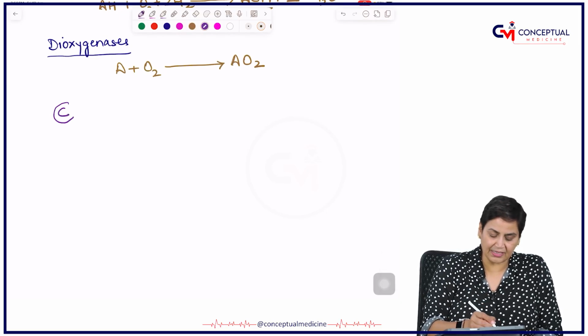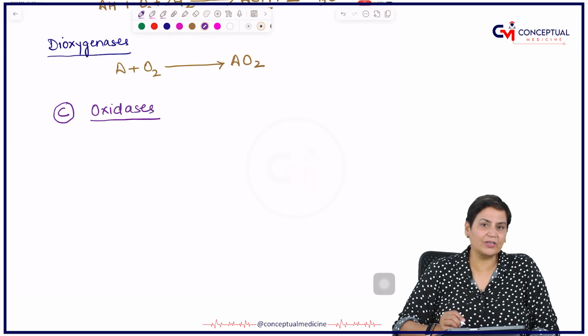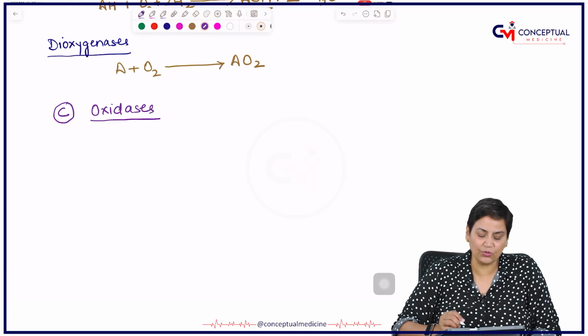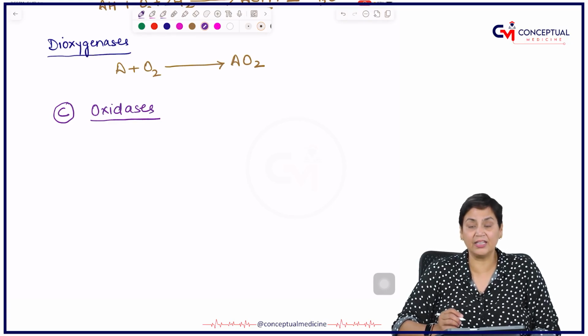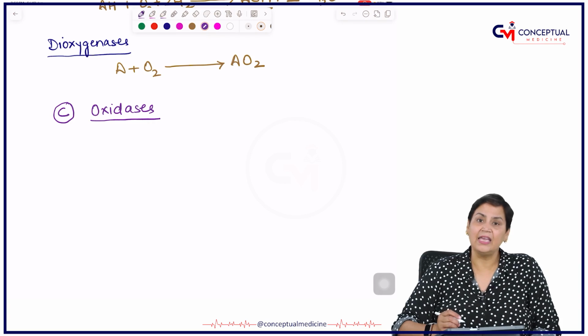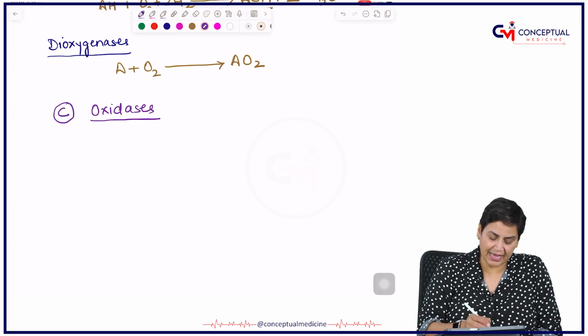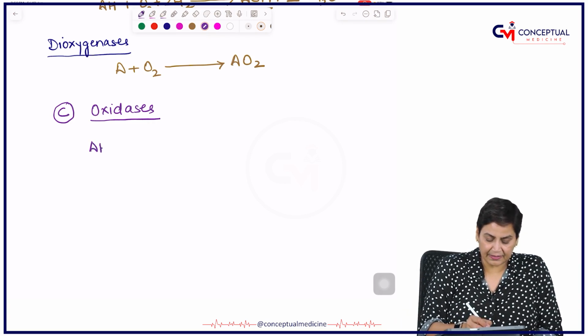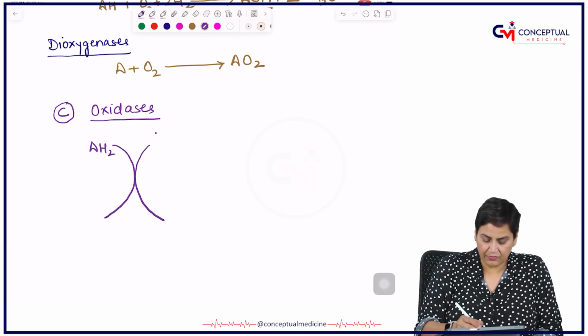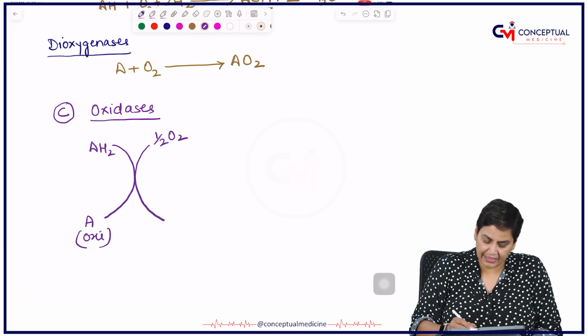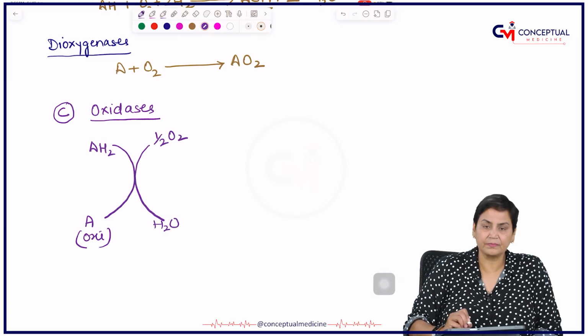So the third class is oxidases. Now there is a difference between oxygenases and oxidases. As you will see, if I write the reaction, then only you will be able to understand this. If I talk about oxidases, it will combine to give oxidized A and it will give water.